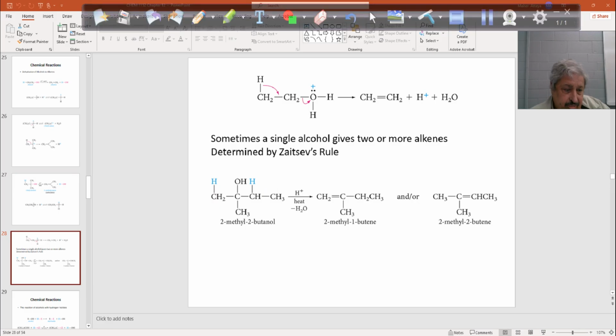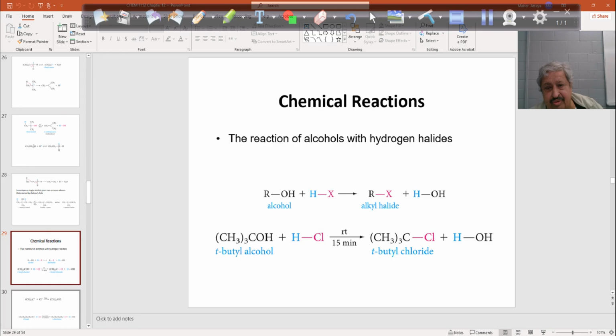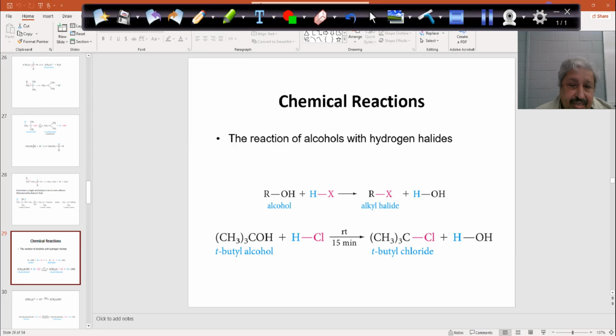Okay, guys, let's take it further. Until now this is dehydration. What's the other type of reaction of alcohols? Well, the typical one beside dehydration, they can react with the acids, correct?